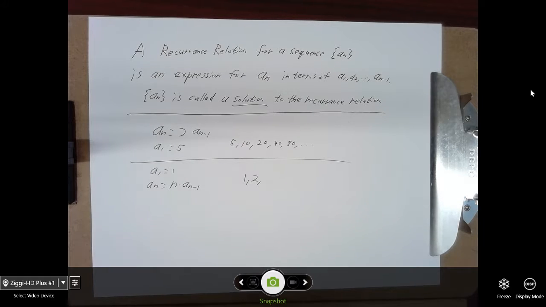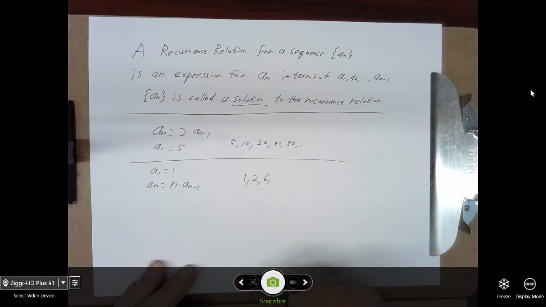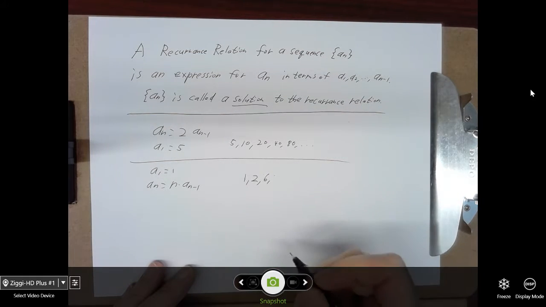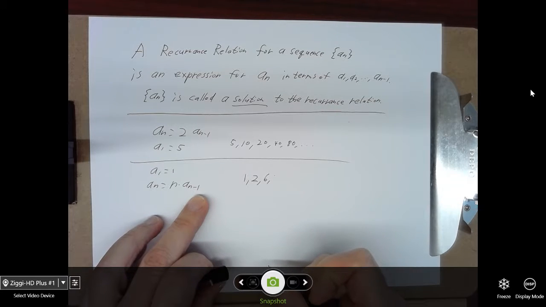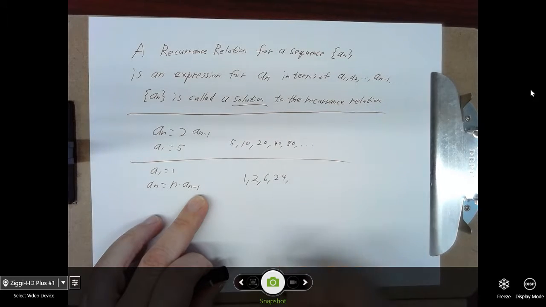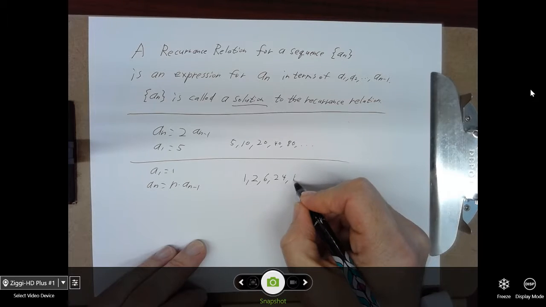What's a3? 6. What's a4? 4 times an minus 1. 4 times 6, 24. And then a5 is 5 times a4 is 120.